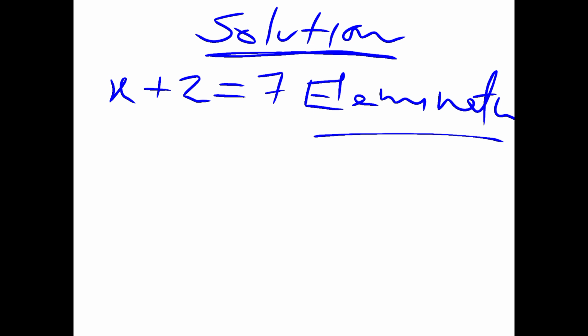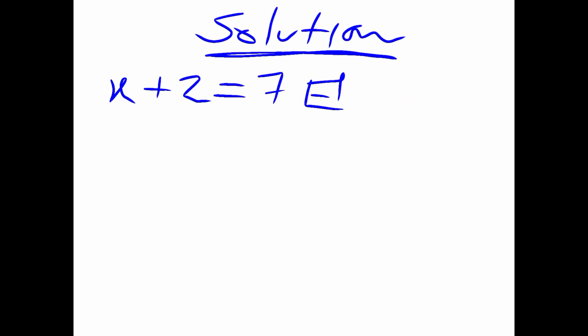Now there is another method that is called the transfer method. That method is like this: x plus 2 is equal to 7.